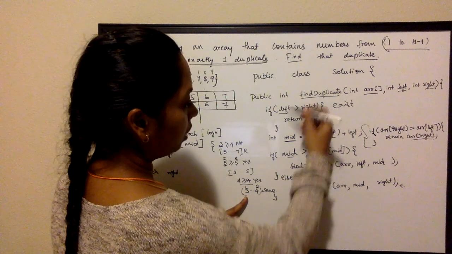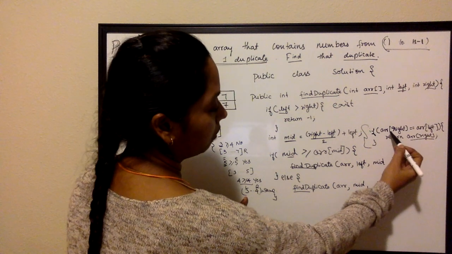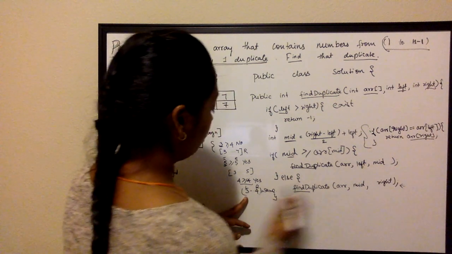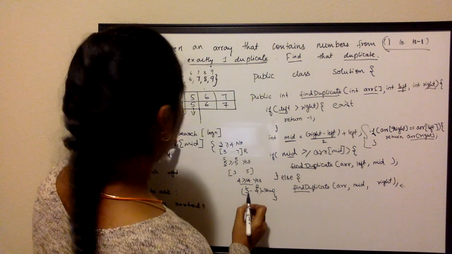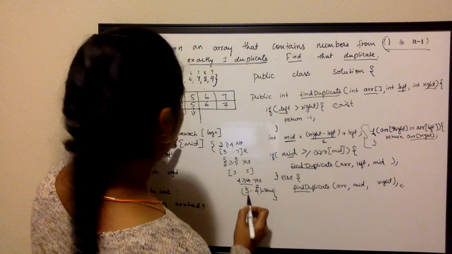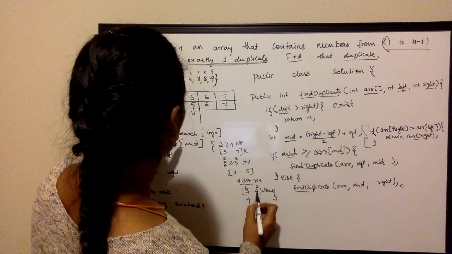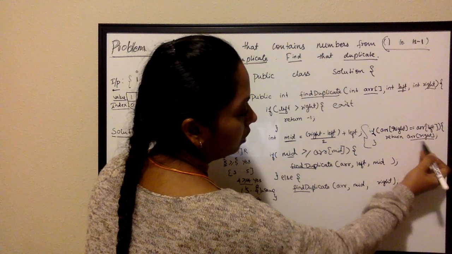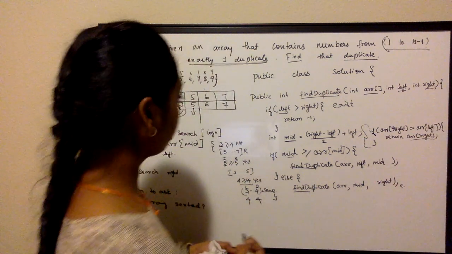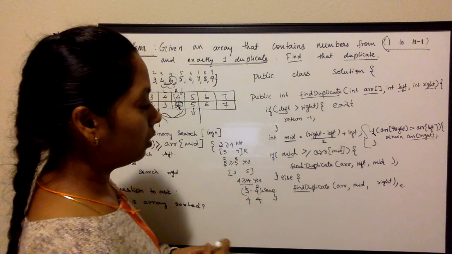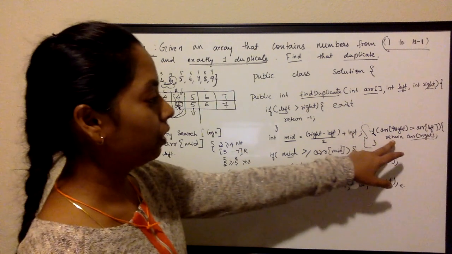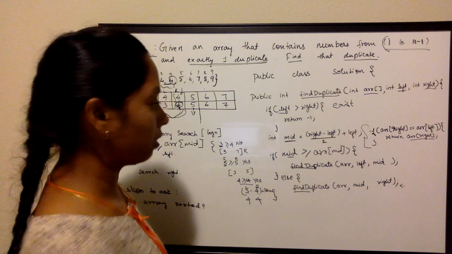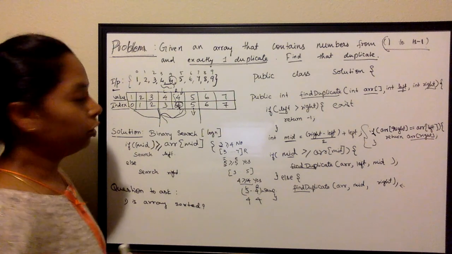When we execute this condition with right and left, the value at index 3 is 4, and the value at index 4 is 4. We check if both are equal, then just return right. This is the condition we are trying to implement, and that's where we find the duplicate element.